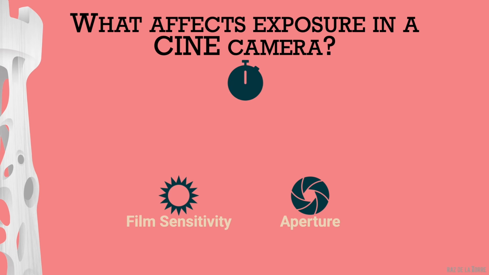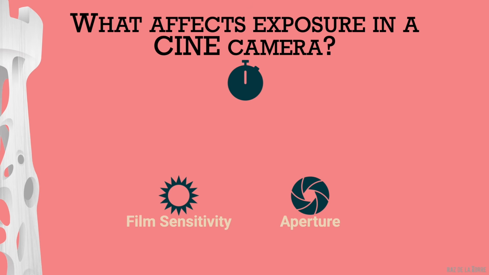But when we shift from capturing a single image to capturing motion over time, the mechanics change. A still camera's shutter opens and closes once per shot. But in cinema, we're exposing many frames to capture motion. That kind of speed demands a different design.